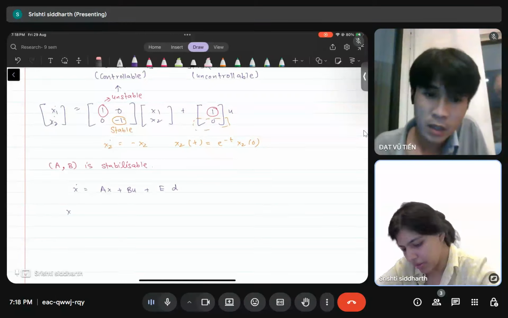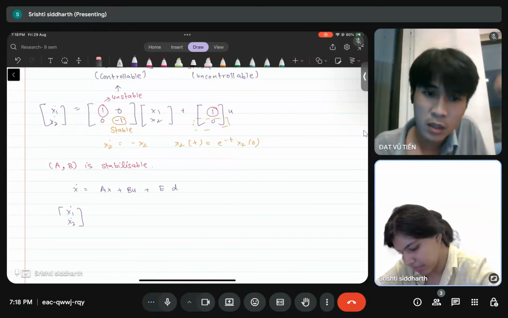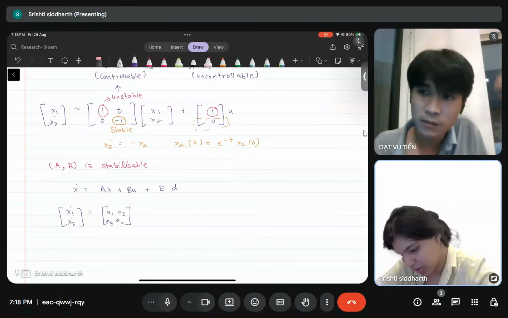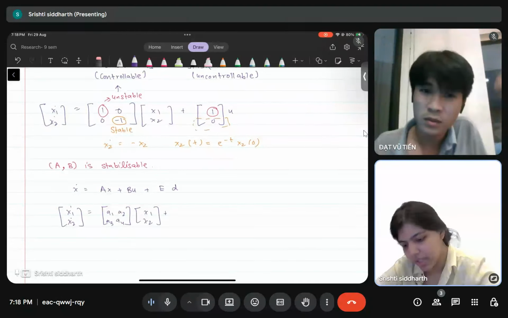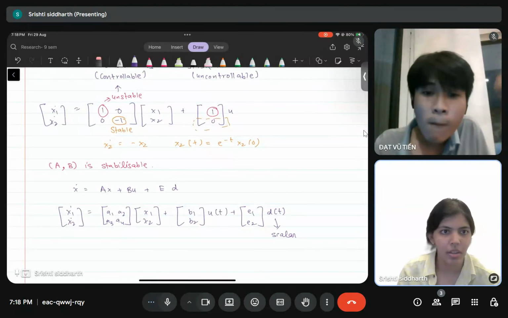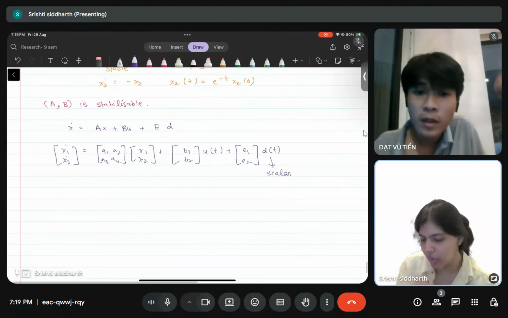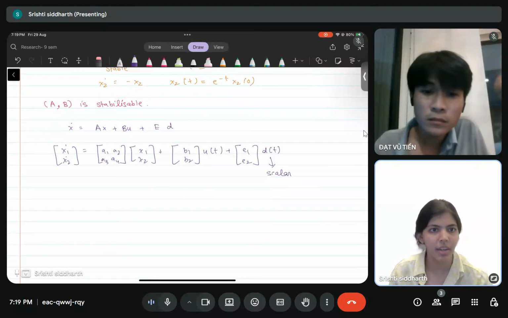For a second order system, this would be [a1 a2; a3 a4] times x1, x2, plus [b1; b2] times u of t, plus even some constants times d of t. So let's say this is some noise or disturbance, right? Now you want to know what would be the effect of the disturbance.